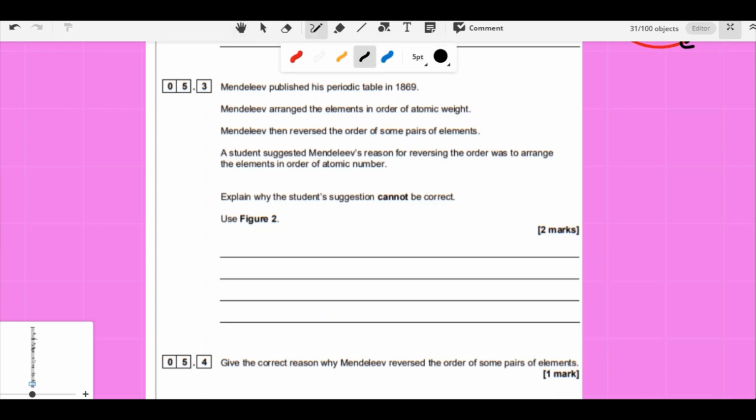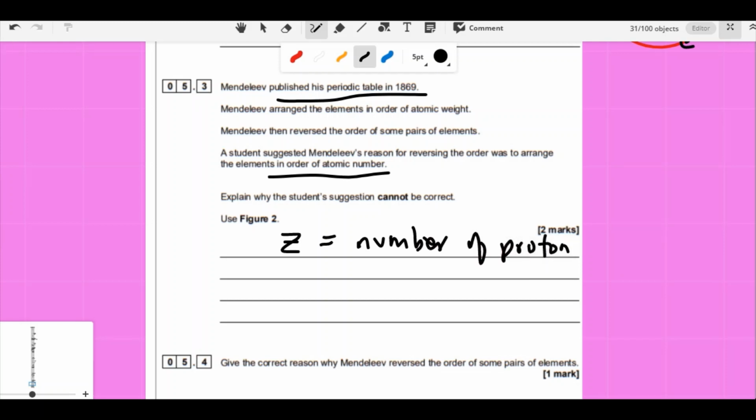The atomic number is represented by Z, which is equal to the number of protons present in the nucleus.